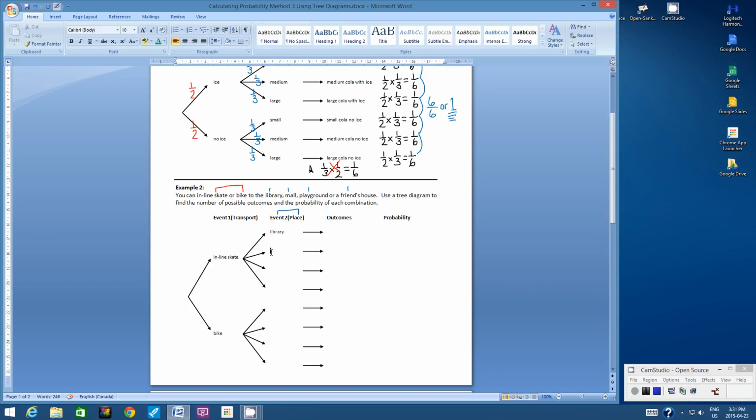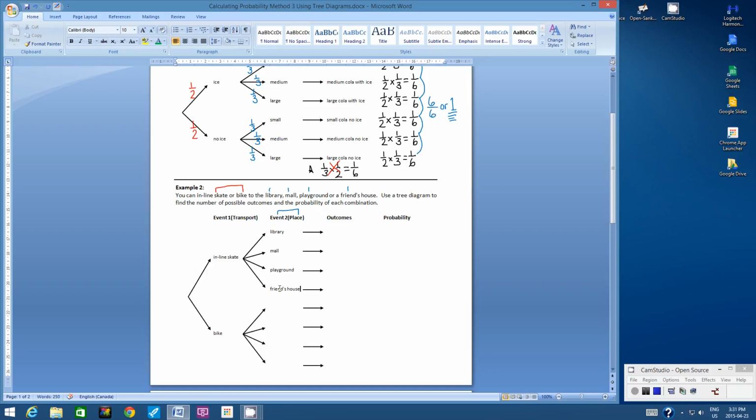The second option is we can go to the mall. The third option, we can go to the playground. And then the fourth option for the place or the destination is we can go to friends.